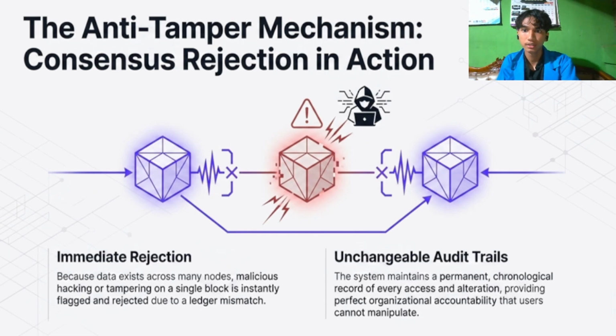As shown in the center graphics, when a hacker tries to tamper with one block, the network automatically flags the mismatch and protects the data. Now, to understand how this works, let's check their research methodology.